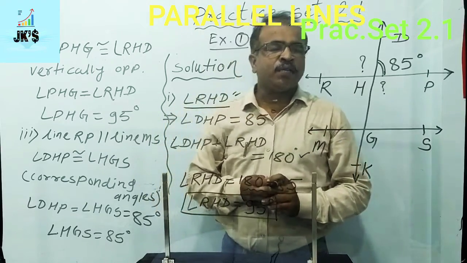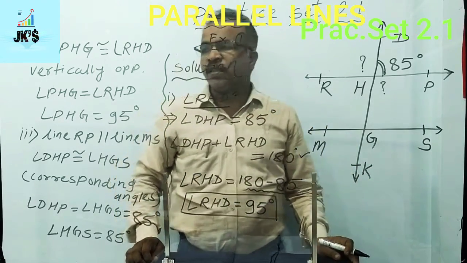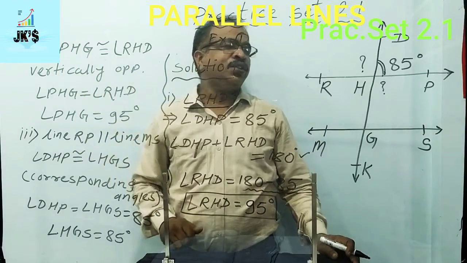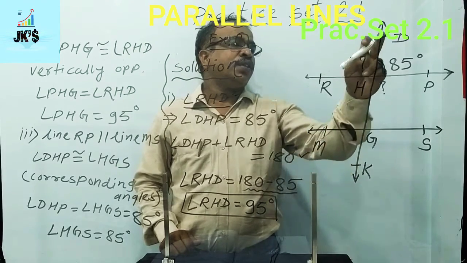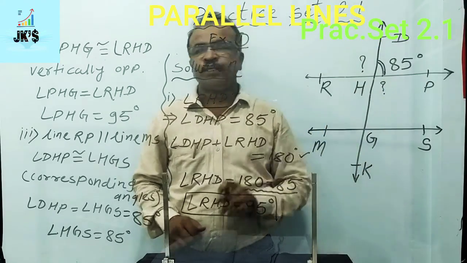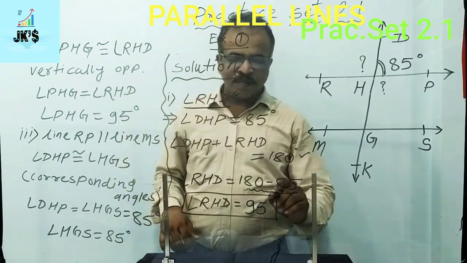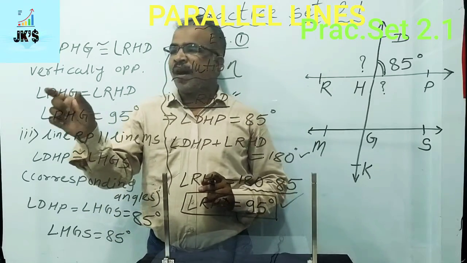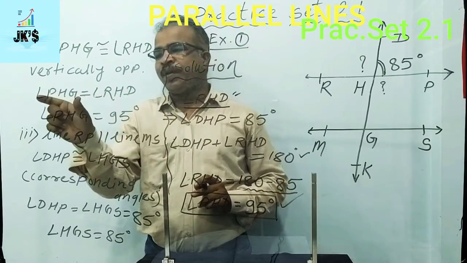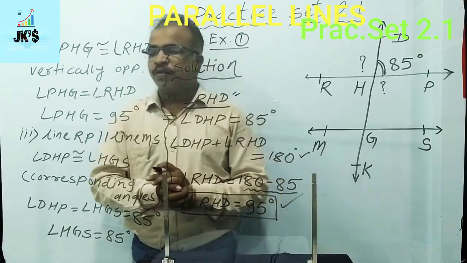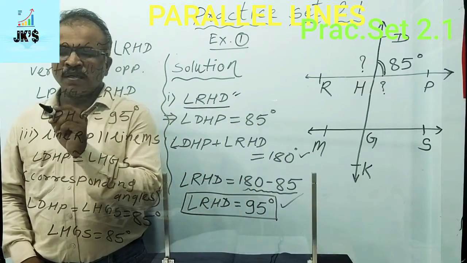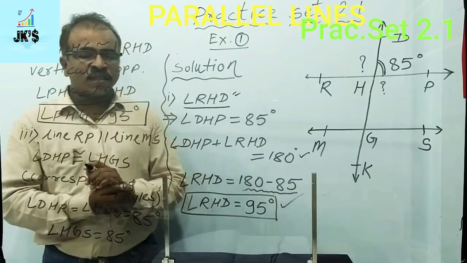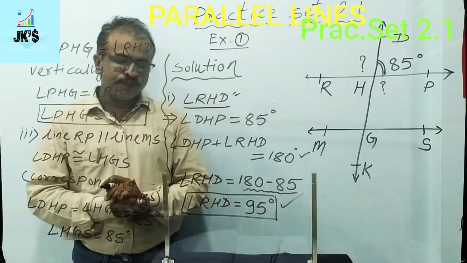So a pair of vertically opposite angles is congruent. Hence angle PHG equals RHD, and we have calculated RHD is 95. If RHD is 95, then PHG is also 95. This is the answer of our second question.